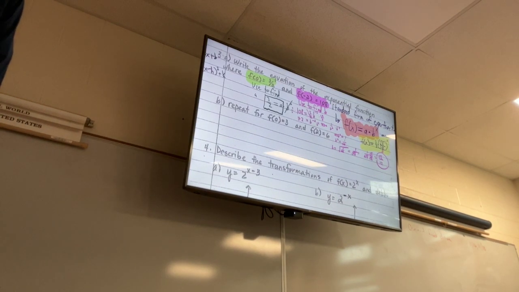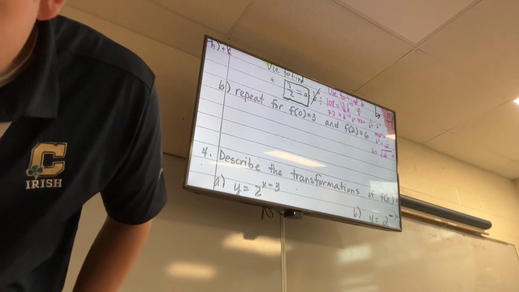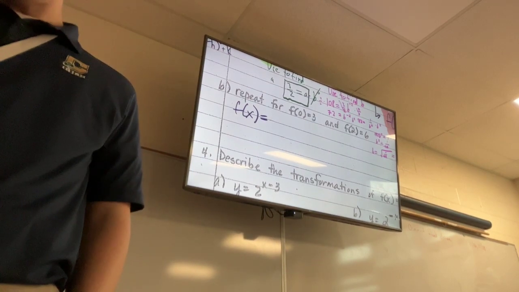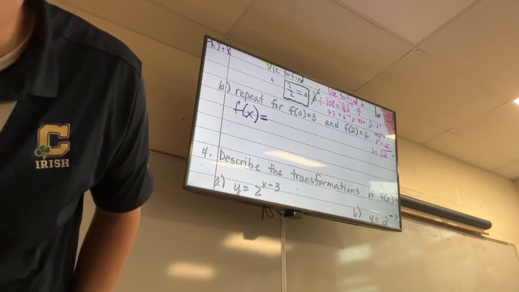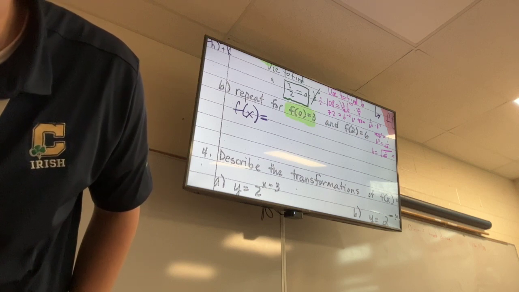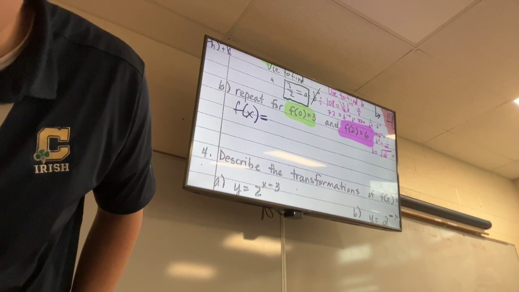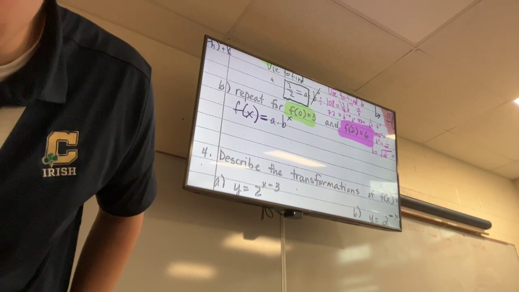All right, so let's repeat that same thing. We start with the standard form, f of x equals a times b to the x, the green.